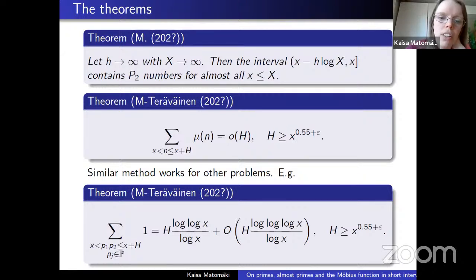If one looks at it probabilistically, one would expect some pretty long intervals where the Möbius function takes the value 1 for all the squarefree numbers. So I think log x is the limit that one can hope to have a result for all intervals.